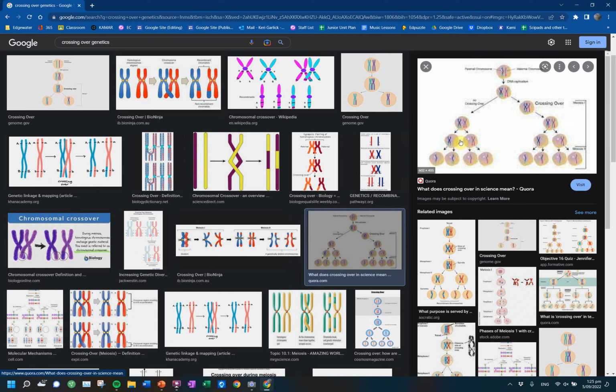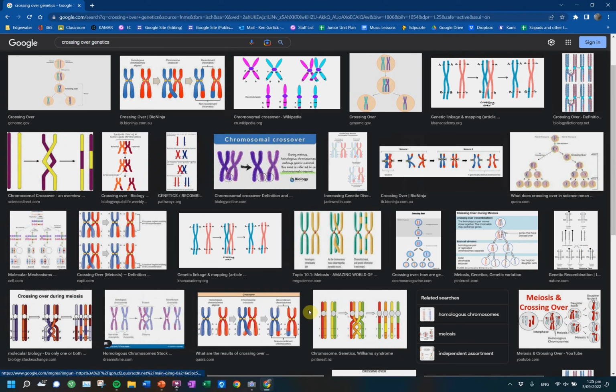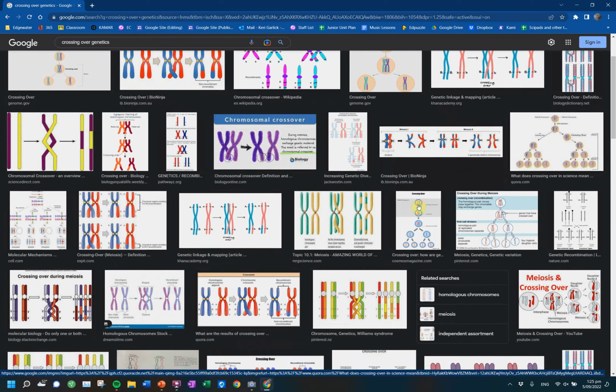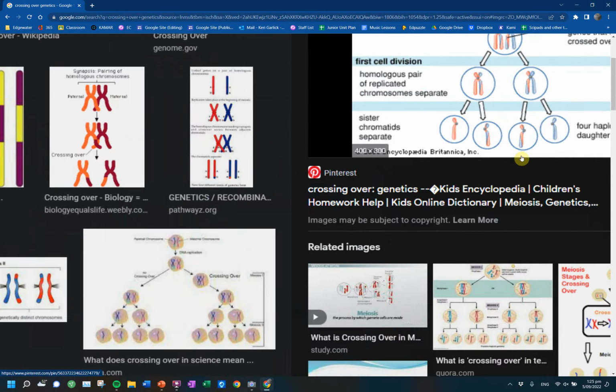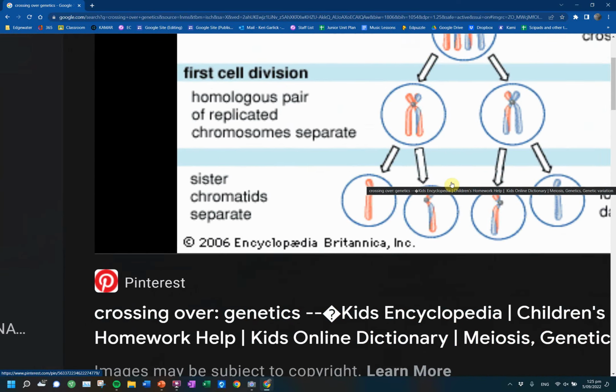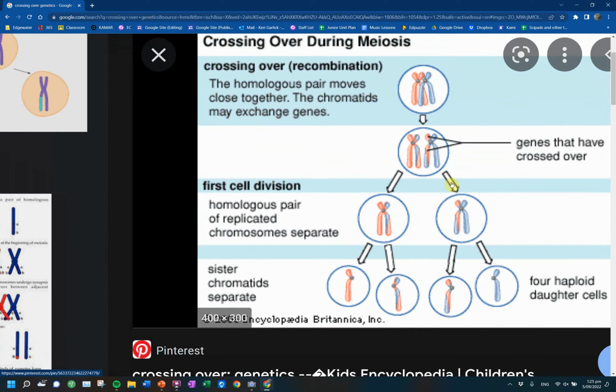That one's probably too small. That's the one I want. There we go. So when we start making our sex cells, do you see how there's been some recombination and there's that mixture of red and green? And so all four of my haploid daughter cells, my sex cells, are different from each other because of that crossing over.